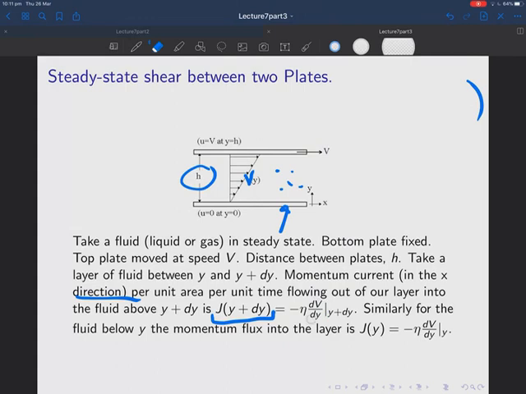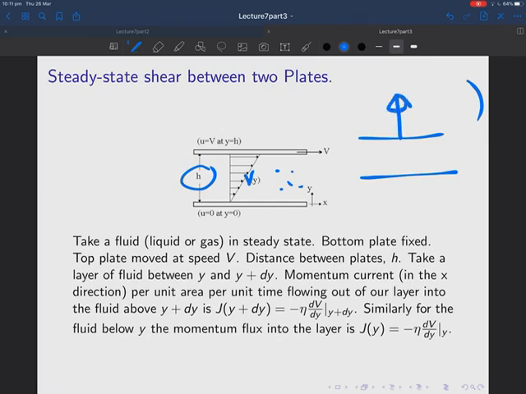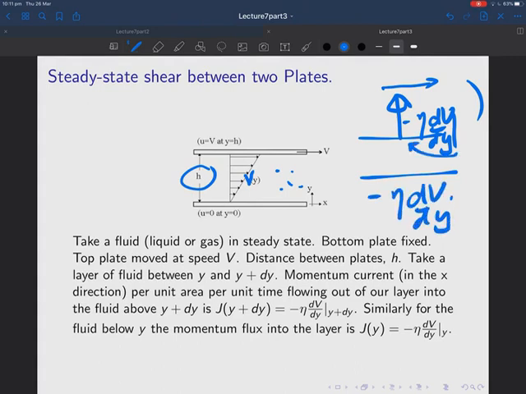Let me go through that again. We've got a layer, and we've got momentum flowing out of that layer, but the momentum we're considering is in this direction. That's minus eta dv dy at that point, and there's also a minus eta dv dy momentum current flowing in, evaluated at that layer.